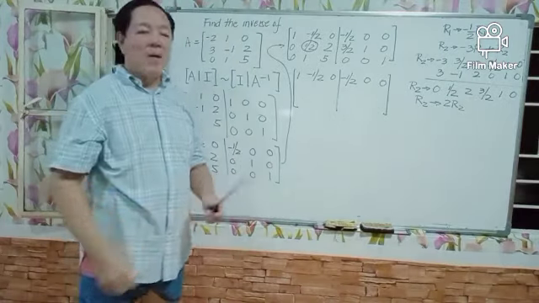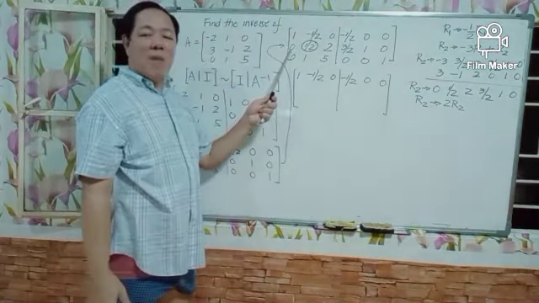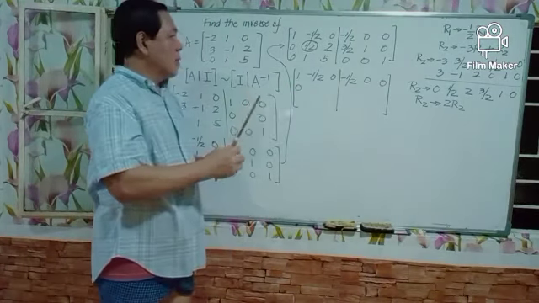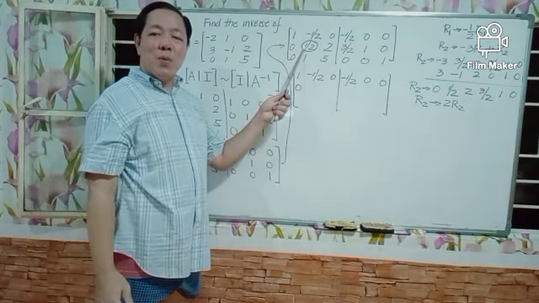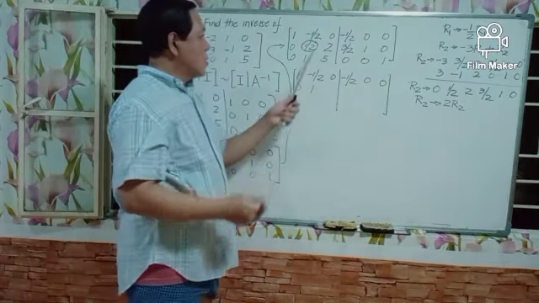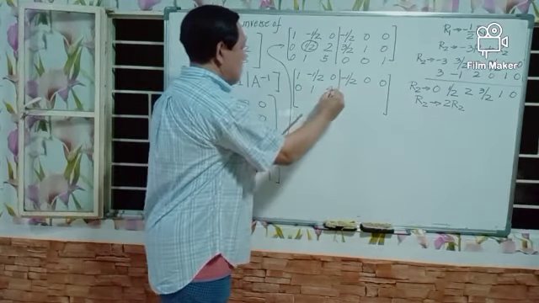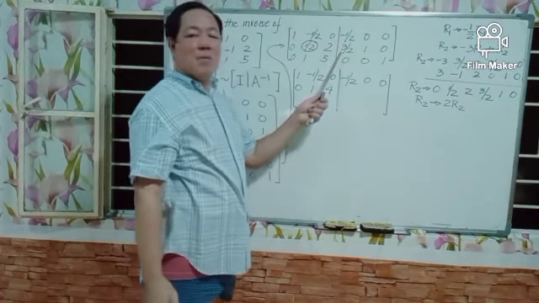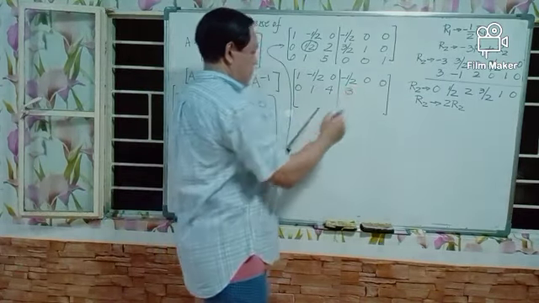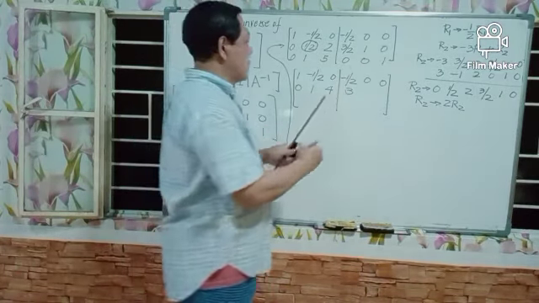Now we multiply row 2 by 2. 0 multiplied by 2 is 0. 1 half multiplied by 2 is 1. 2 multiplied by 2 is 4. 3 halves multiplied by 2 is 3. 1 multiplied by 2 is 2.